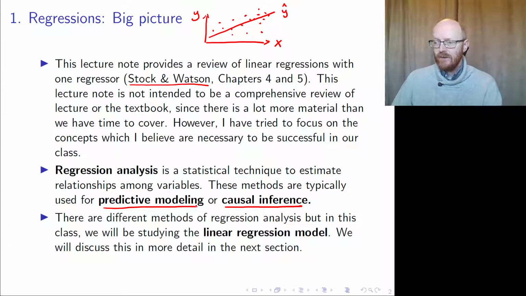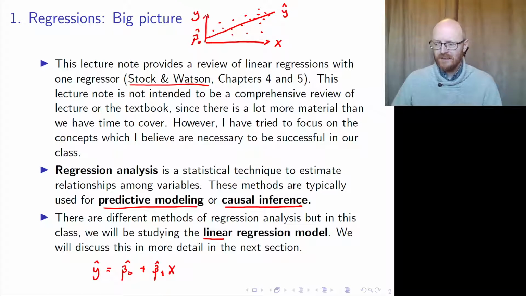There are different methods of regression analysis, but here in this class, we are focusing on the linear regression model. So this line here might be something like this, with an intercept, the intercept is here, and you have a slope which we call beta 1 hat, and we have the x.